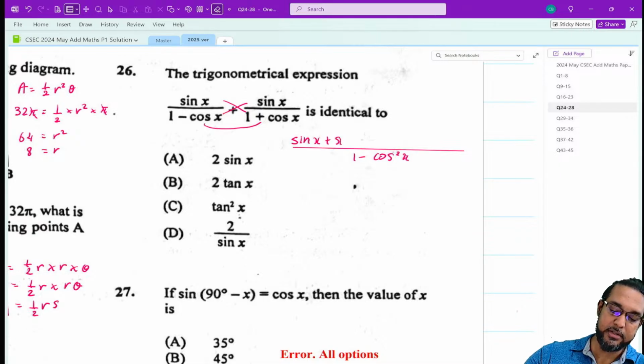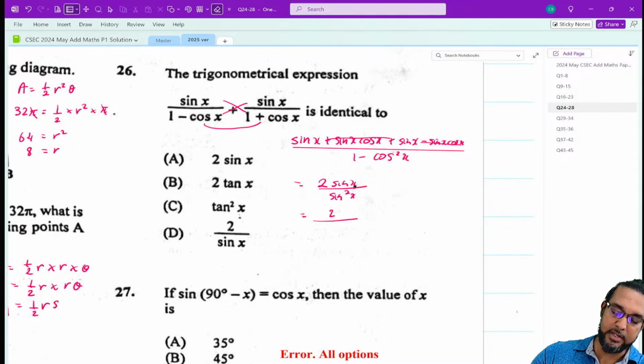Sine x by cos x simply gives us sine x cos x. Plus, then sine x by 1 minus cos x is sine x minus sine x cos x. So this cancels with that, and we're going to be left with 2 sine x. And then 1 minus cos squared in your denominator is sine squared. And the sine in the numerator will cancel with the sine in the denominator, giving us 2 sin x.